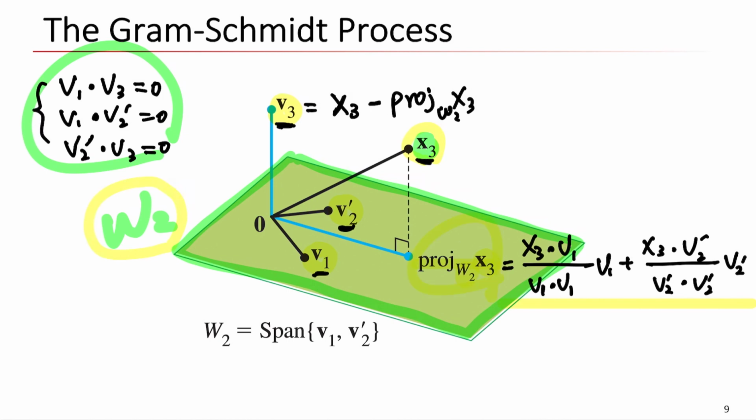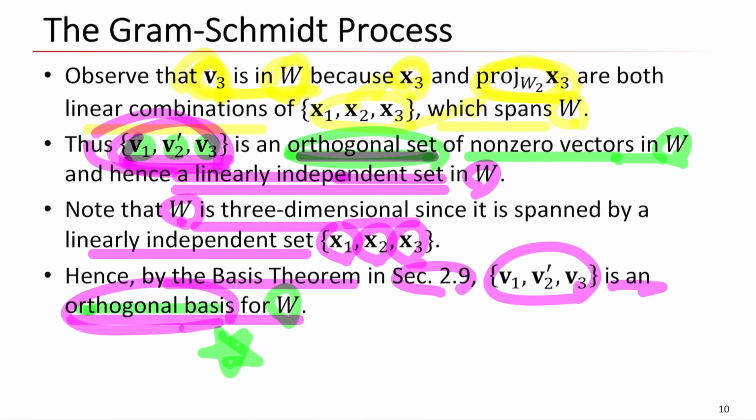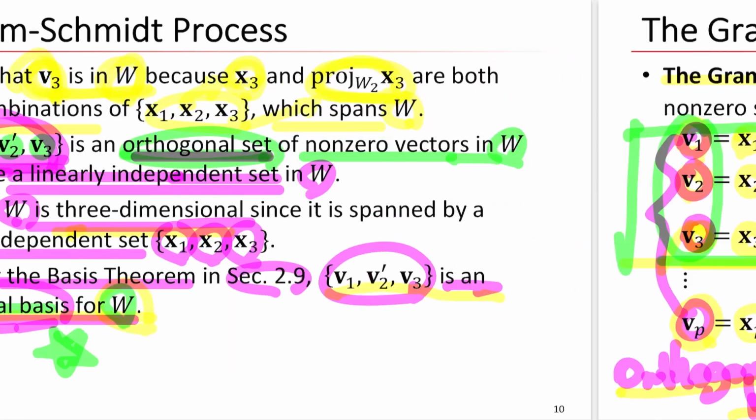And in here, V1, V2, and V3 are orthogonal to each other, right? So it will be the orthogonal basis for the W space, right? So yeah, here you can see finally V1, V2, and V3 is an orthogonal basis for the W space. Okay, so this is the Gram-Schmidt process.